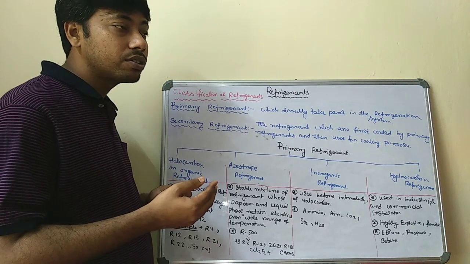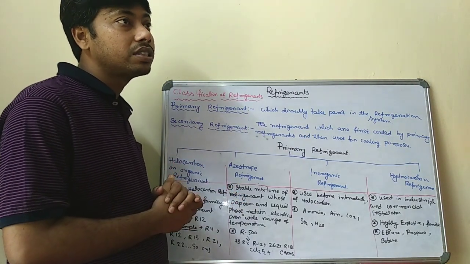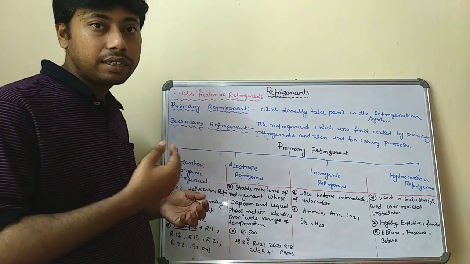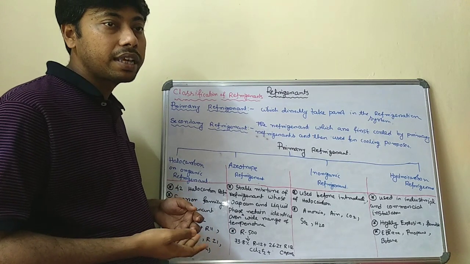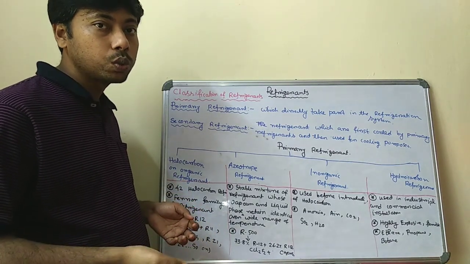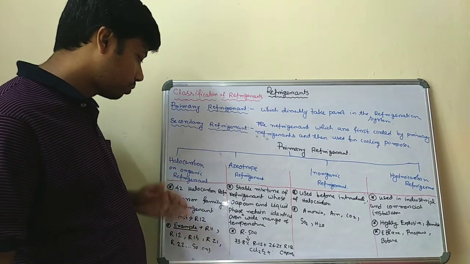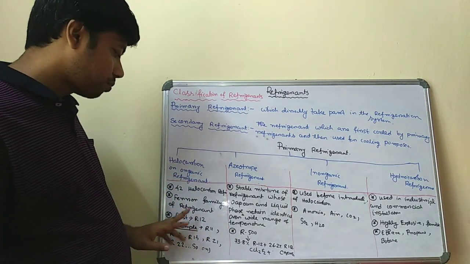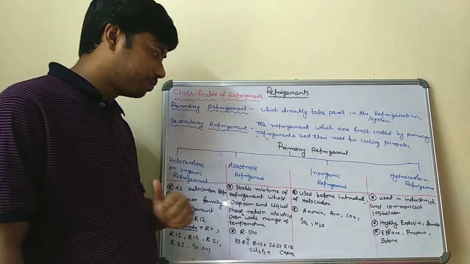R suggests refrigerant nomenclature, a way by which you can designate a particular refrigerant. So R12, R11, R13, R14, R22. These are types of organic refrigerant. The first refrigerant used is R12.